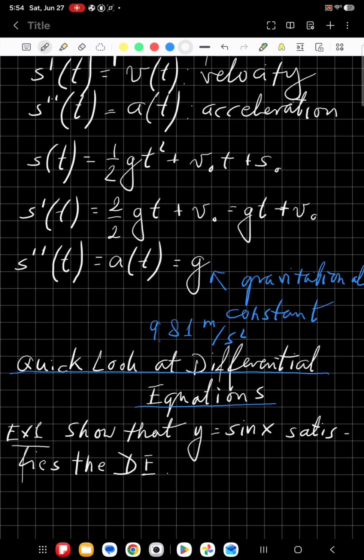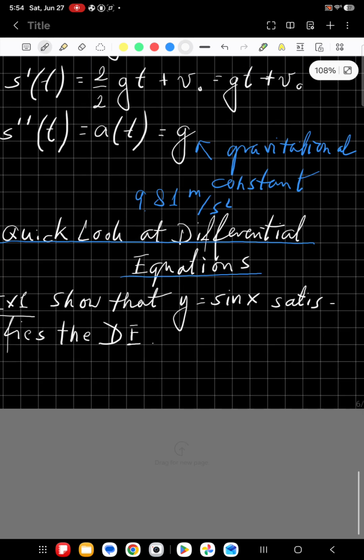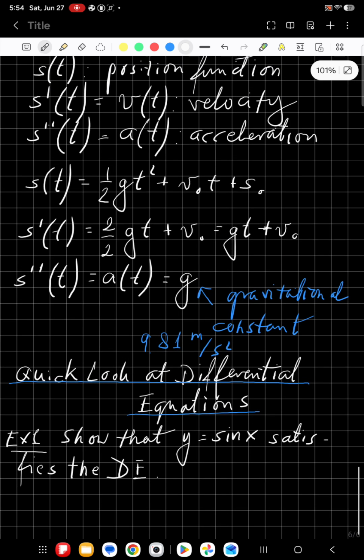A differential equation is an equation that has a derivative in it. Let me give you a couple examples here as a side note. Something like y prime plus 6x equals y would be a differential equation.